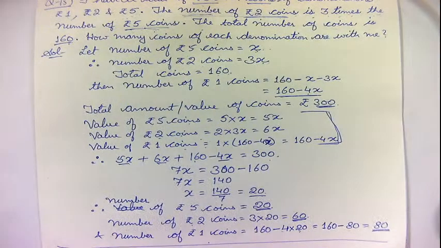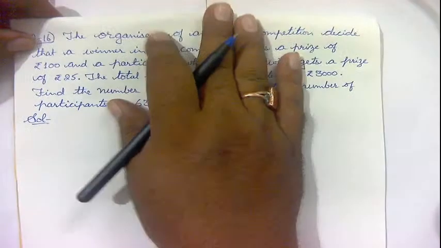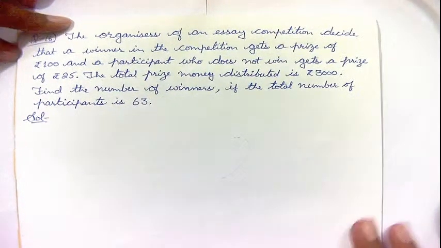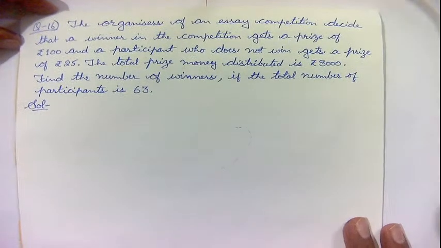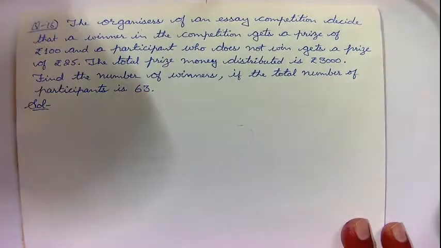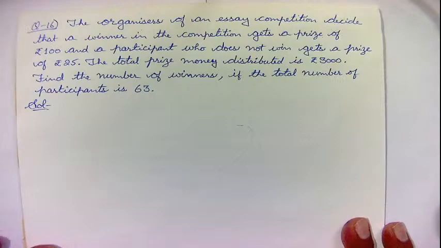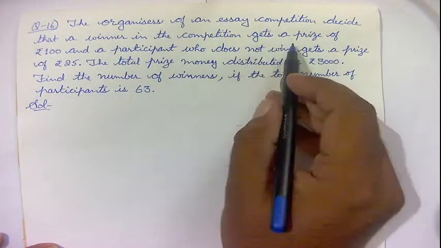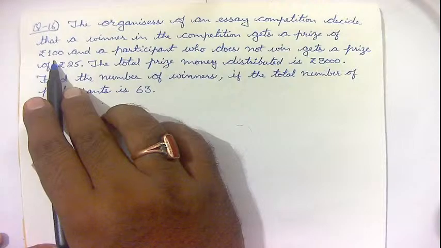Now let us move towards the last question of this exercise, that is question number 16. Question number 16 says, the organizers of an essay competition decide that a winner in the competition gets a prize of rupees 100.